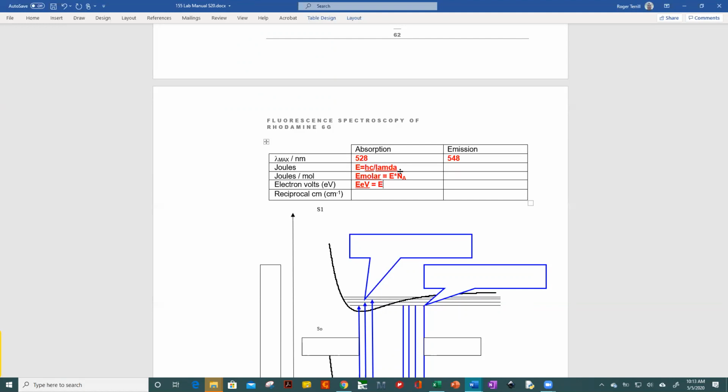It's probably E times the conversion factor. And then reciprocal wavelength: you take 1E7 nanometers per centimeter and divide by lambda. That's how you get the reciprocal wavelength there.